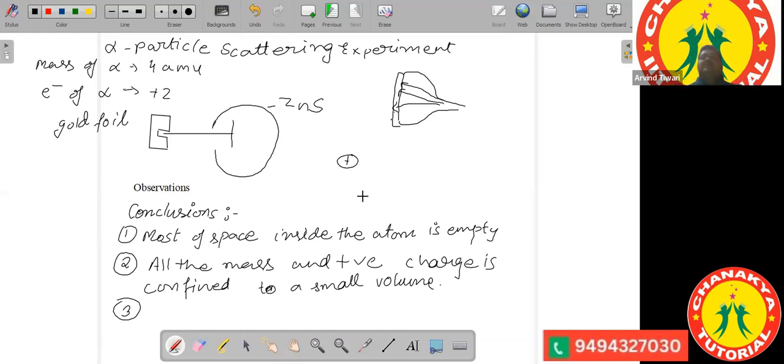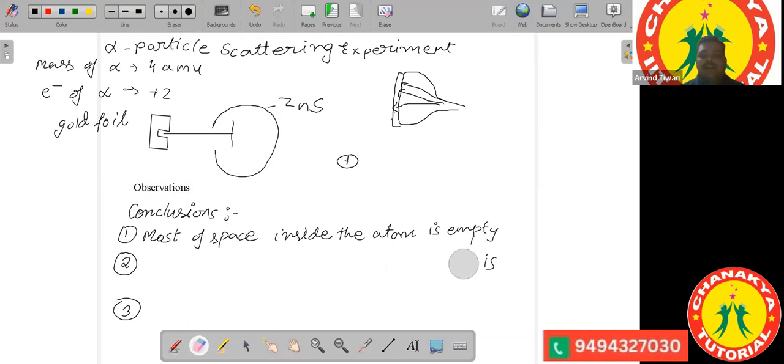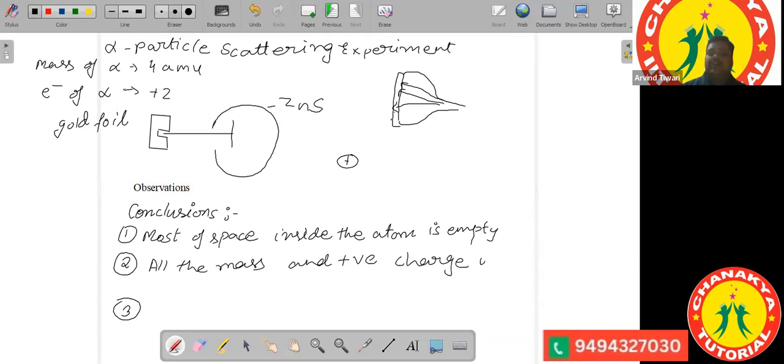Okay, and that center of positive charge occupies a very small volume. So you can say the second statement: all the mass and positive charge was confined, or lies, at the center.